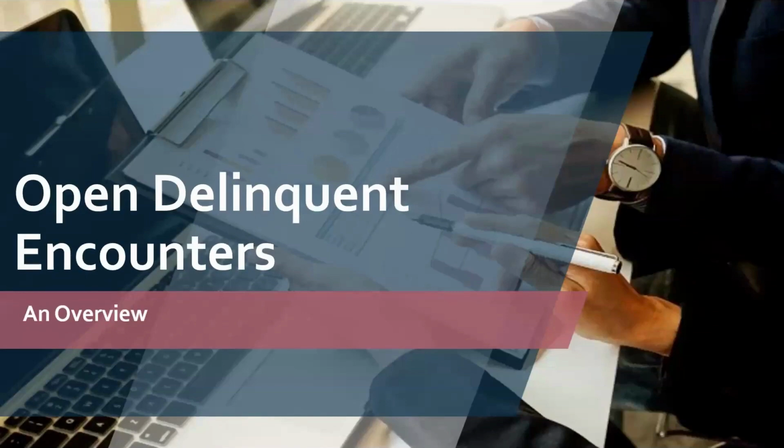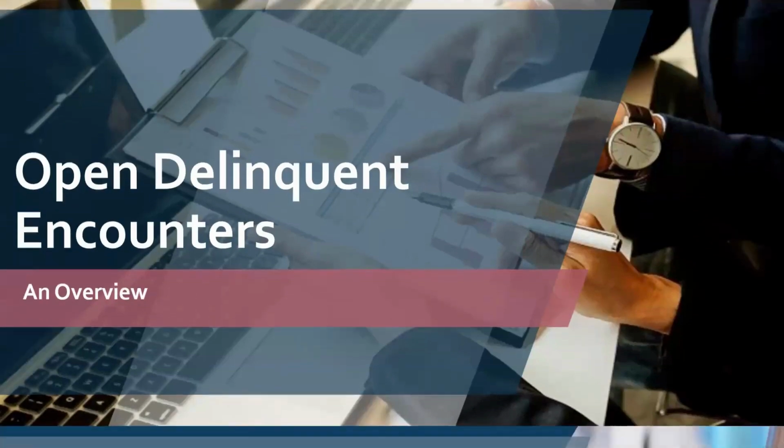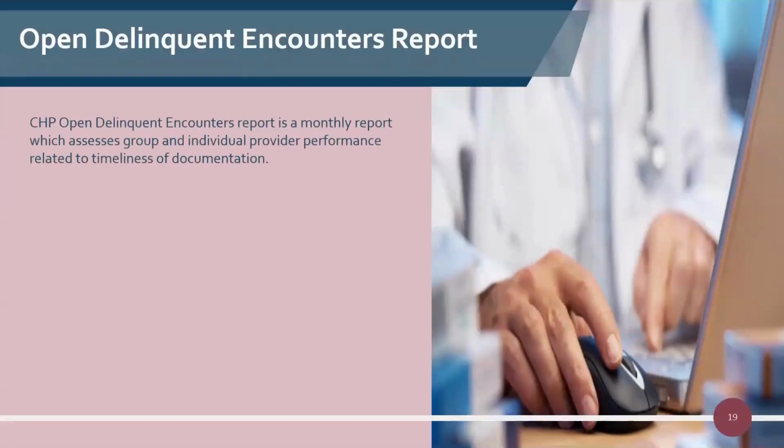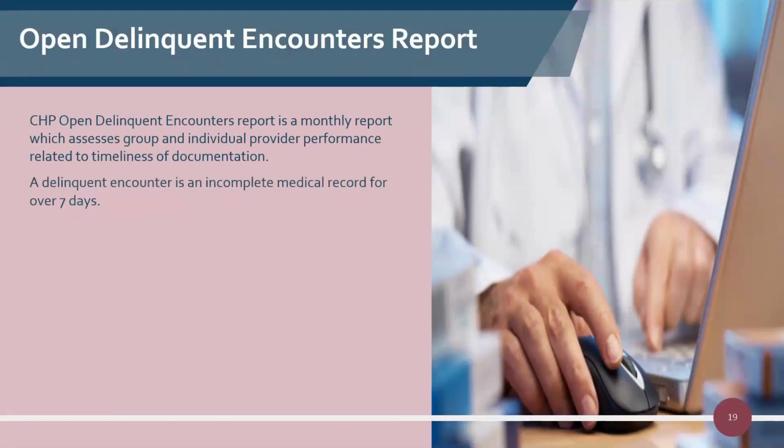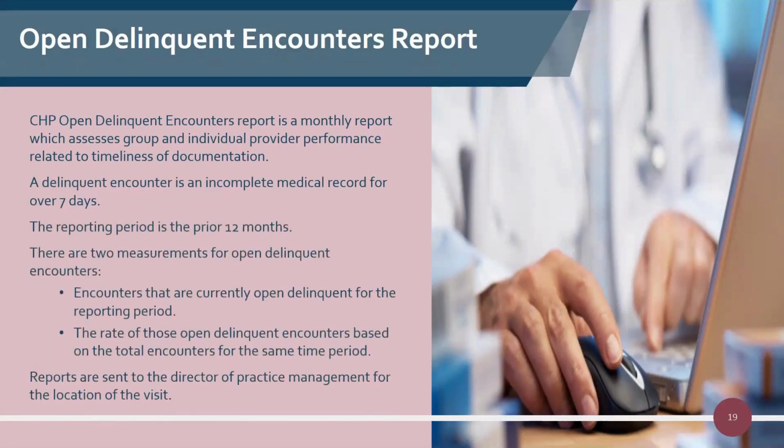Now I will introduce you to another quality topic, open delinquent encounters. The CHP Open Delinquent Encounter Report is a monthly report which evaluates both group and individual provider performance related to timeliness of documentation.